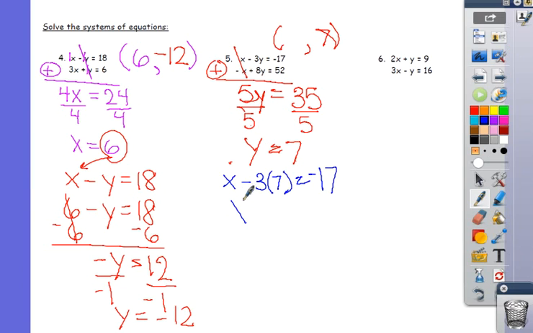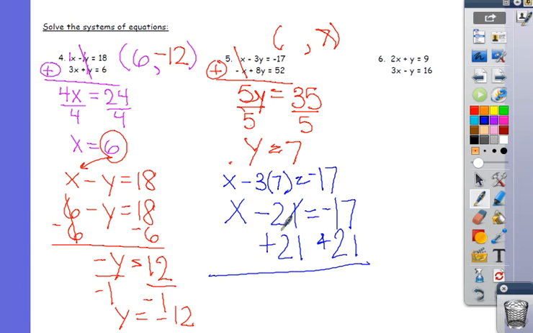So I have x minus 21 equals negative 17. Add the 21. x equals 4. So they intersect, or the solution to that system is 4, 7. When x is 4, y is 7 for both of those equations.